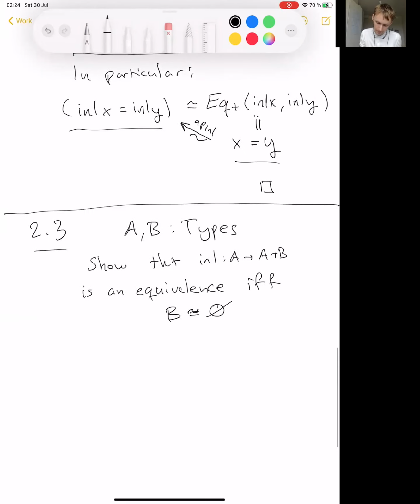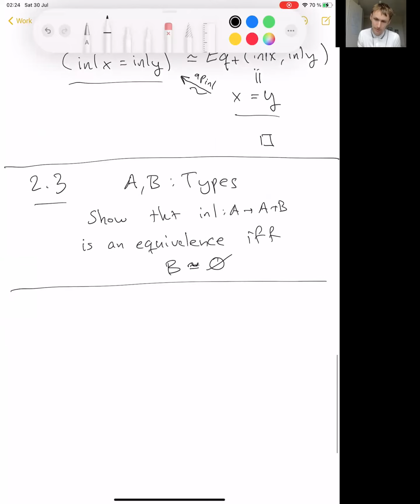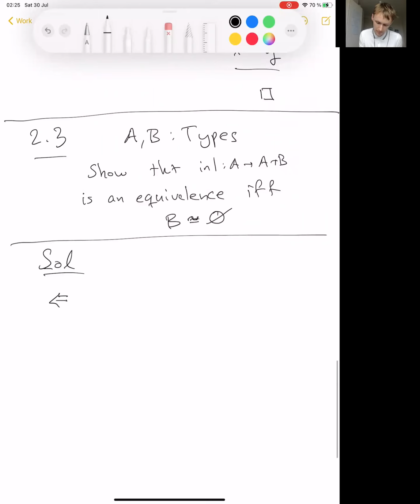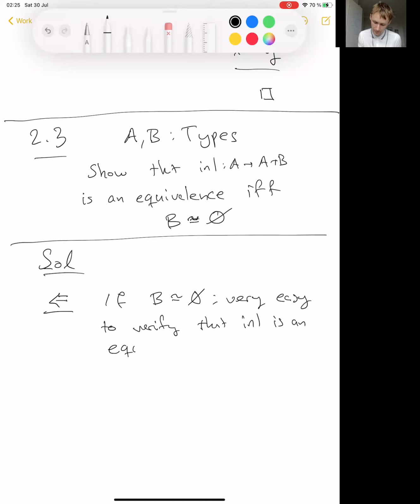Okay, how do we do this? Well, I'm kind of gonna cheat a bit and skip one direction. So, solution. For the left implication, if B equals empty, it's very easy to verify that inl is an equivalence.